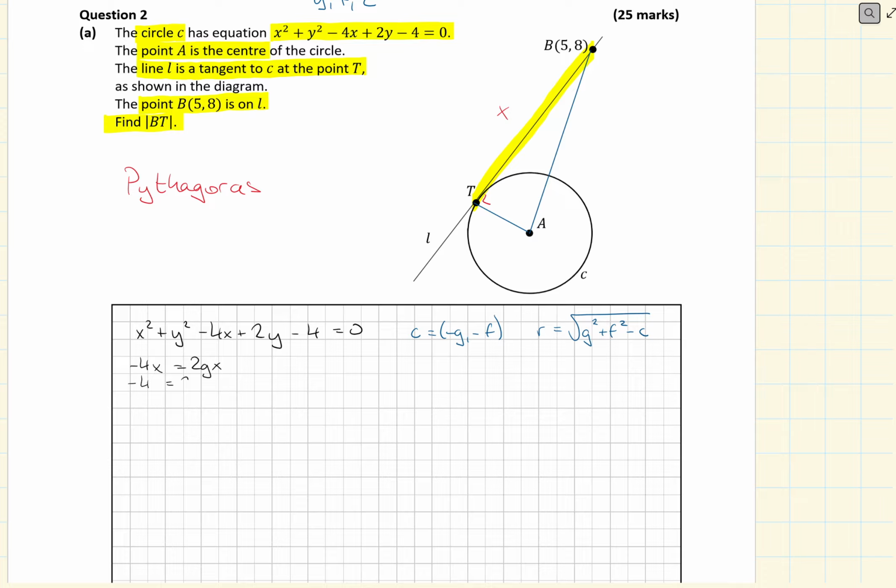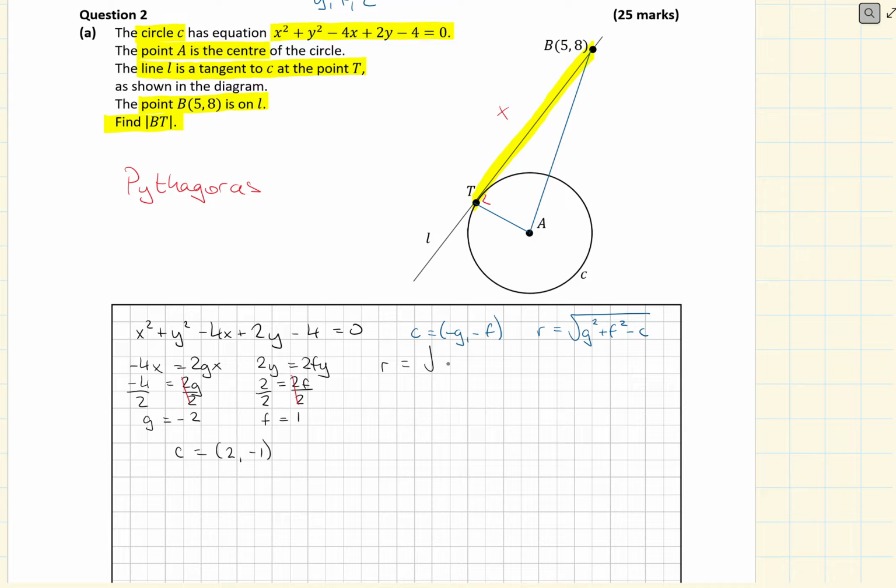Drop the x's, minus 4 equals 2g, divide both sides by 2, and g equals minus 2. 2y is equal to 2fy. We can drop the y's. 2 equals 2f, divide both sides by 2, and f is equal to 1. So then my centre is going to equal minus g, so that's 2, and minus f, which is minus 1.